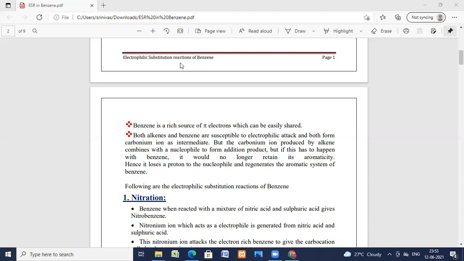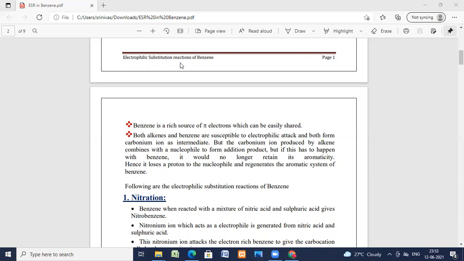Nucleophilic substitution reactions you can observe in alkyl halides, the halogen compounds. What is a nucleophilic substitution? The substitution of a weaker nucleophile by a stronger nucleophile.